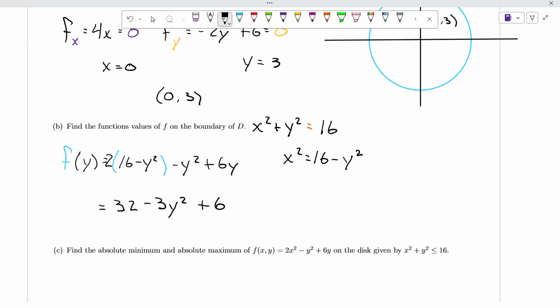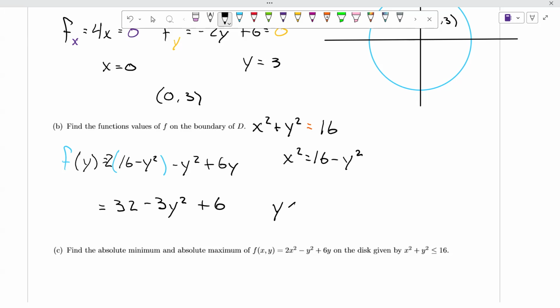All right, so I can just replace the x squared with the 16 minus y squared instead of doing a sine and a cosine parameterization. Either one will work, but don't forget to put bounds on your y value because y is the only variable that survived into the boundary function. Y is the variable that needs its bounds.